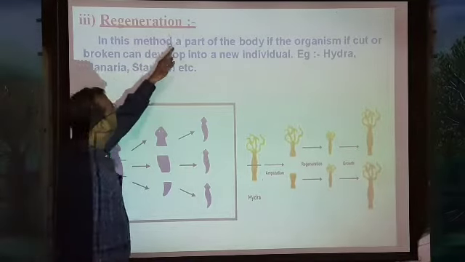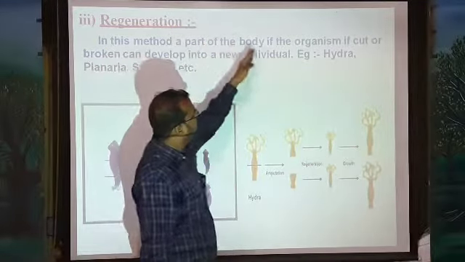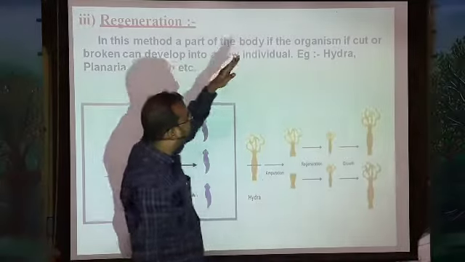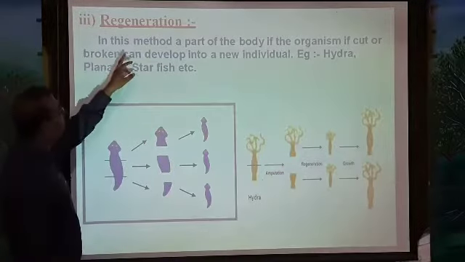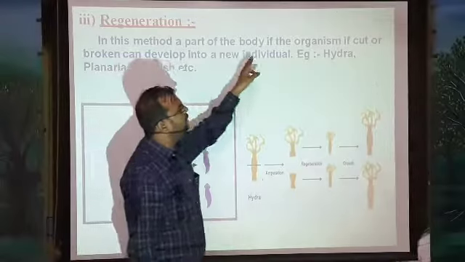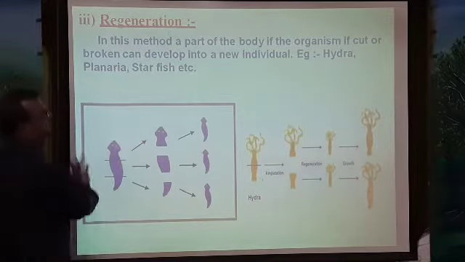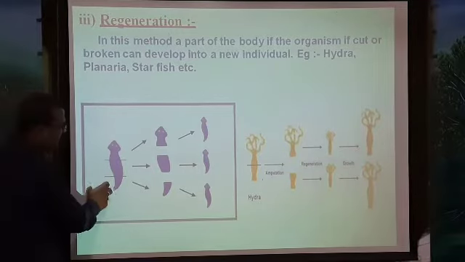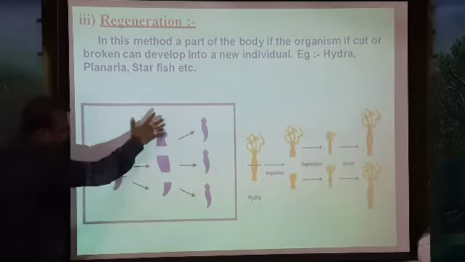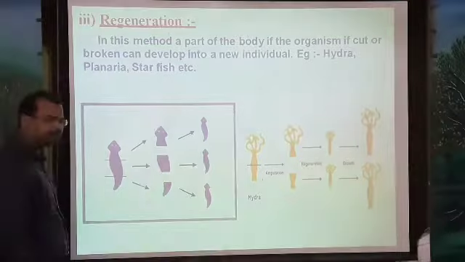In this method, if a part of the body of the organism is cut or broken, it can develop into a new individual. Here is one more example called planaria. The planaria's body breaks up into a number of pieces.